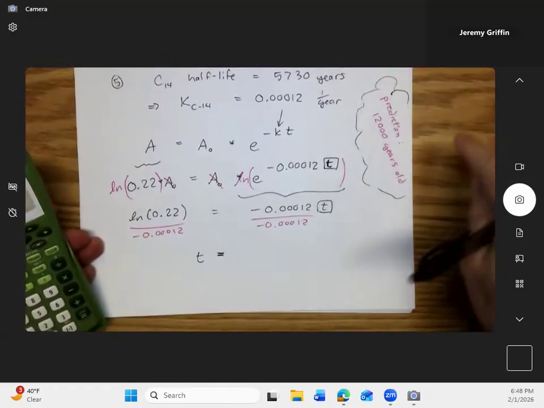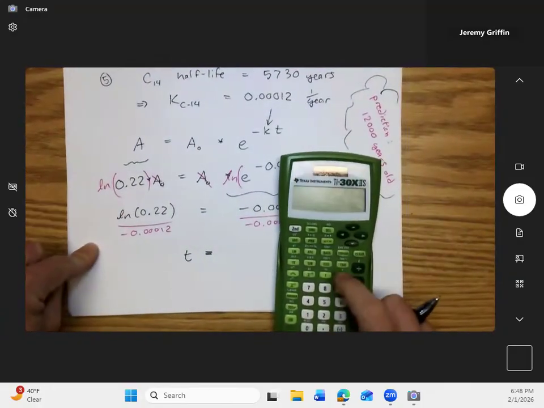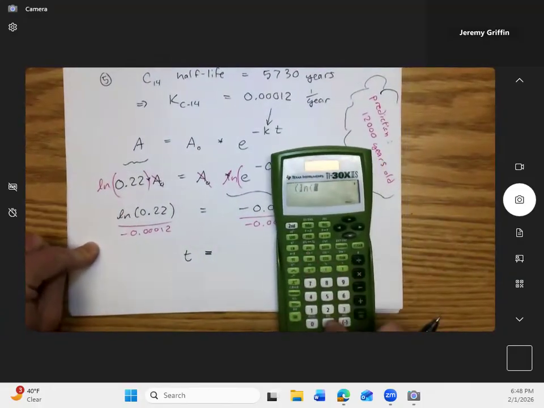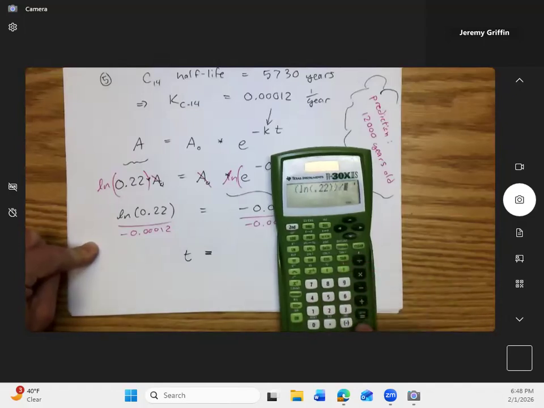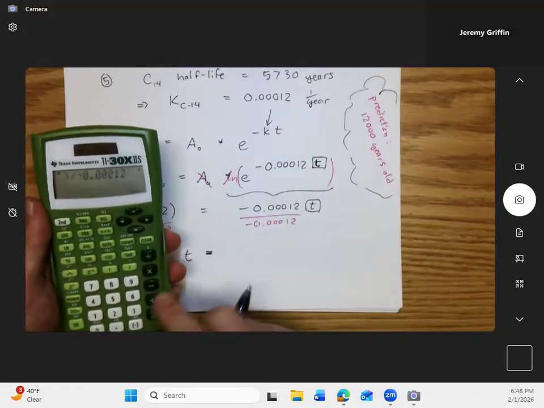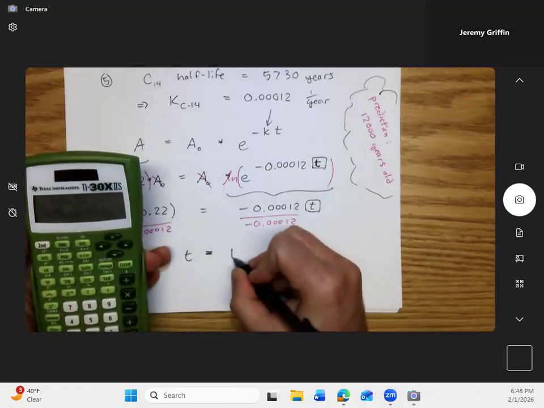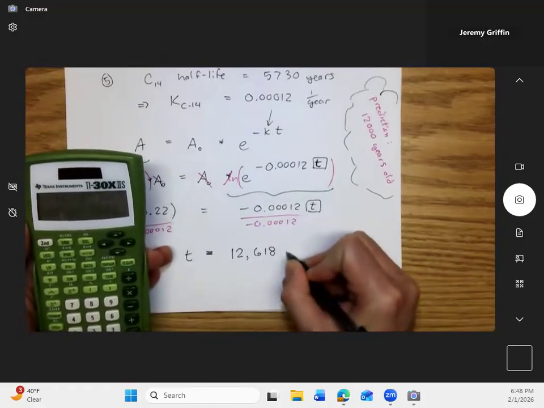I'll pop the calculator over here. All I have to do is type in this expression right here. I got natural log 0.22 in parentheses, all divided by negative 0.00012. Look at that, 12,618 years.